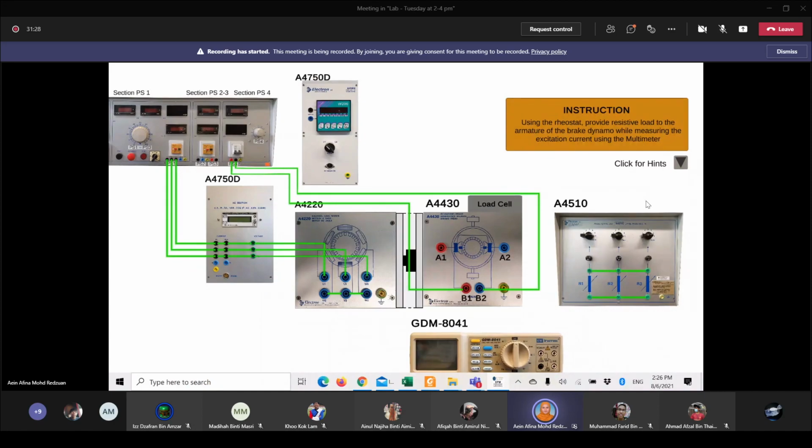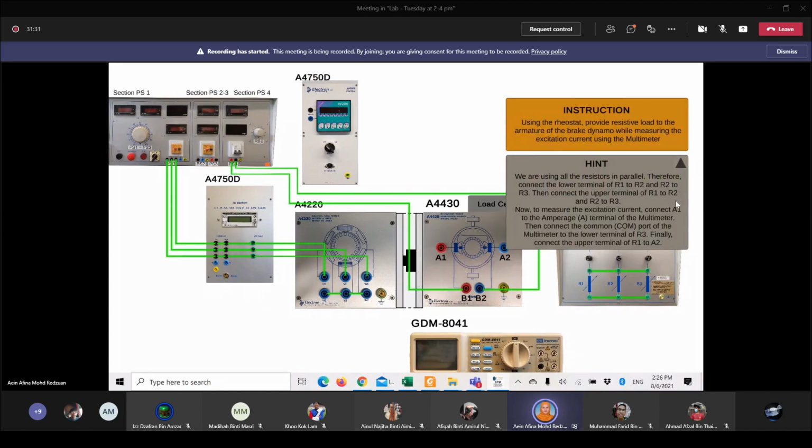Now to measure the excitation current, connect A1 to the amperage terminal of the multimeter. Then connect the common port of the multimeter to the lower terminal of R3. Finally, connect the upper terminal R1 to A2.